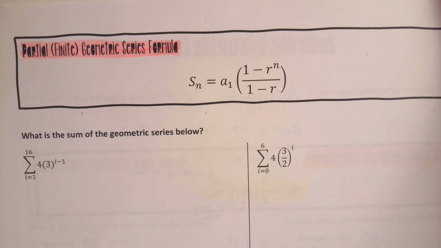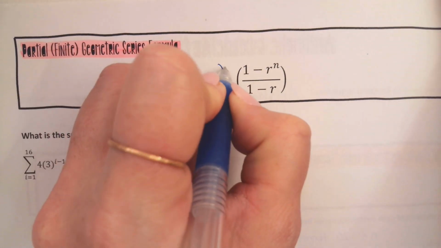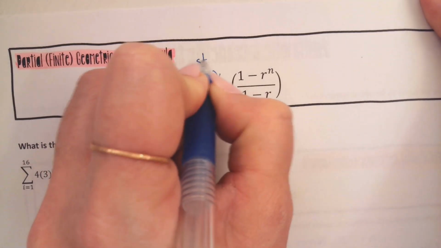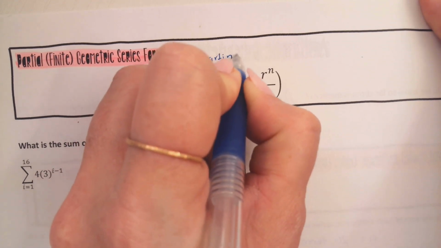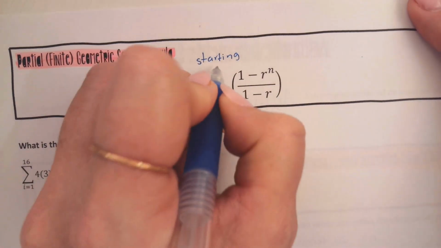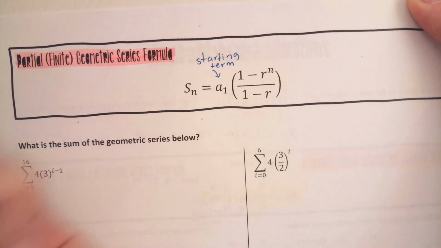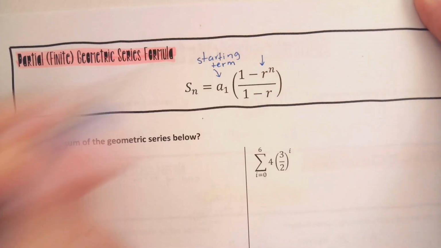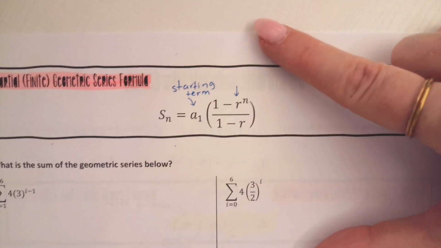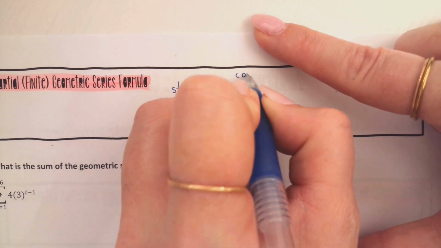We got our Sn, which is just your sum. We've got our A1, which is your starting term. So remember, if you start on the 0 term, then your A1 will be A0. We have R. What's R again? We had R last time. Common ratio. That's how much you're multiplying by each time.